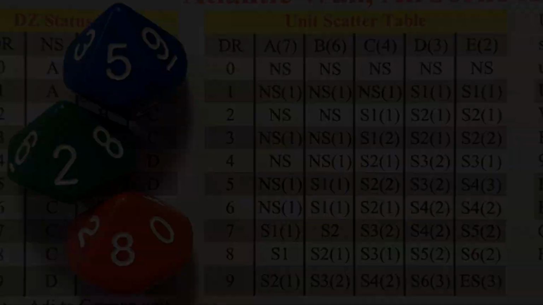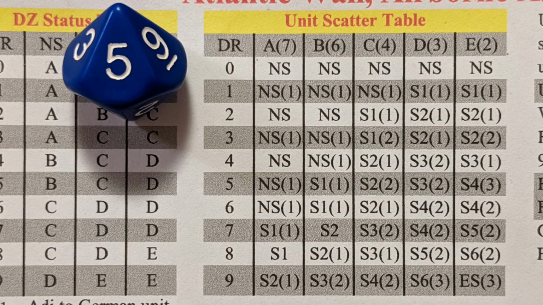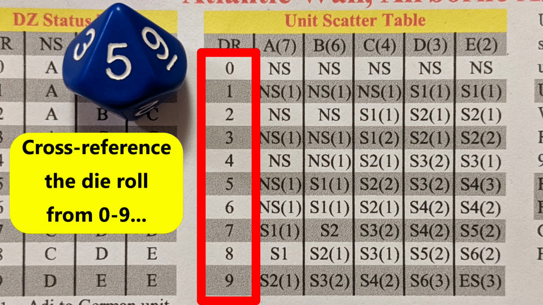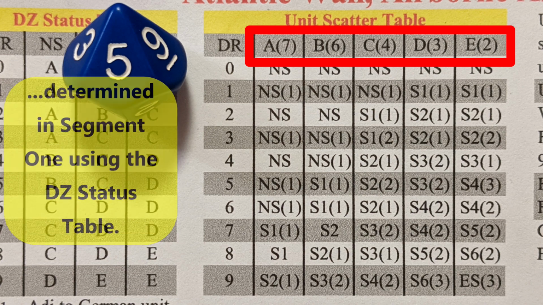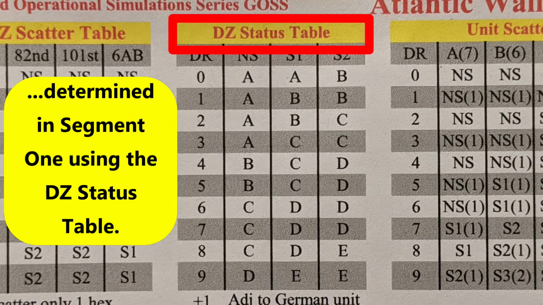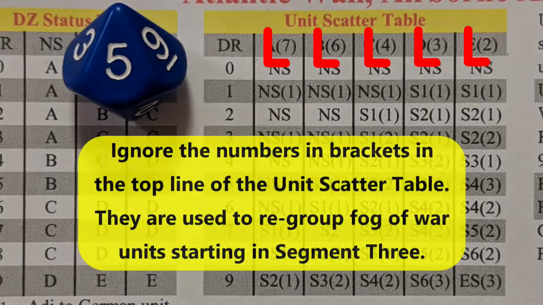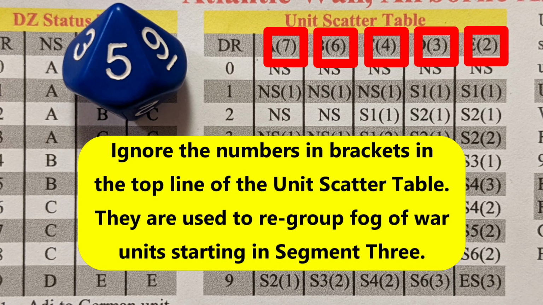Okay, now roll a 1d10 for each battalion, and for each roll, cross-reference the resulting number from 0 to 9 with the column corresponding to the drop zone's status letter, determined in Segment 1 using the DZ status table. Note that these numbers in brackets in the top line of the unit scatter table are not used in Segment 2 and should be ignored for now.